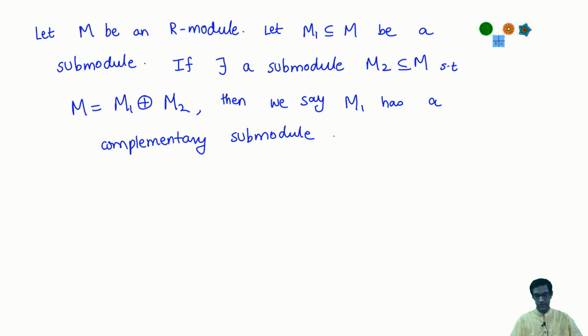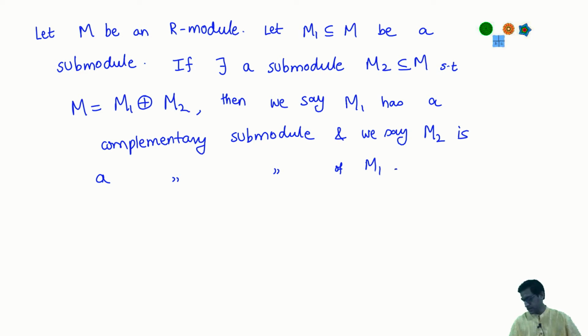In this case the complementary submodule is M2. So we say M2 is a complement of M1, and we say further that M2 is a complementary submodule of M1.